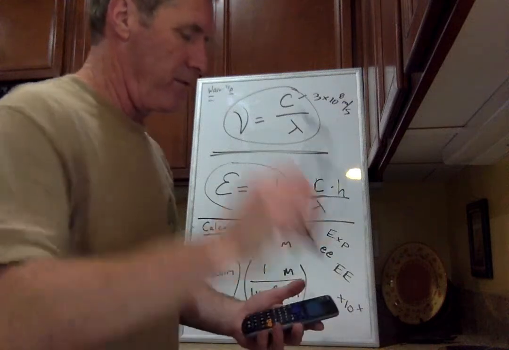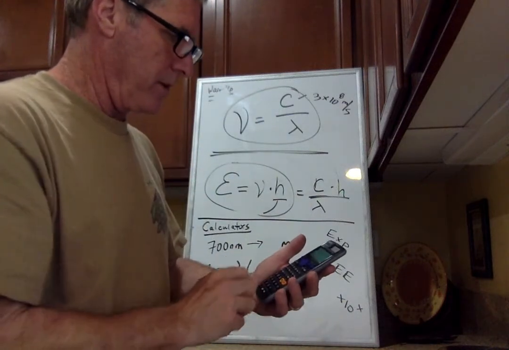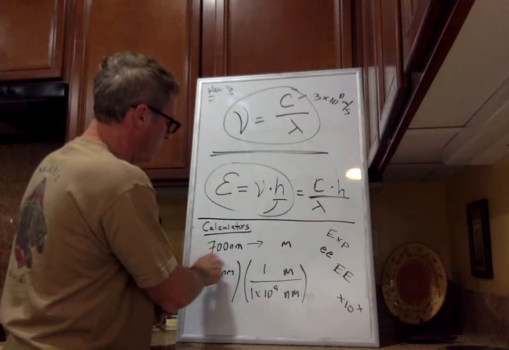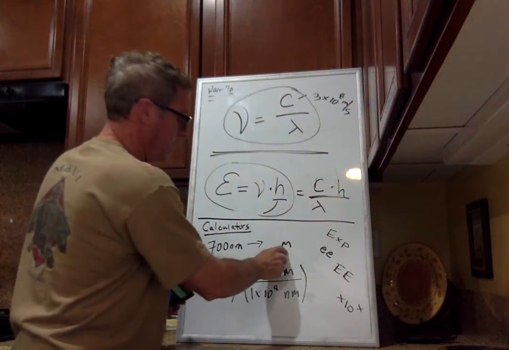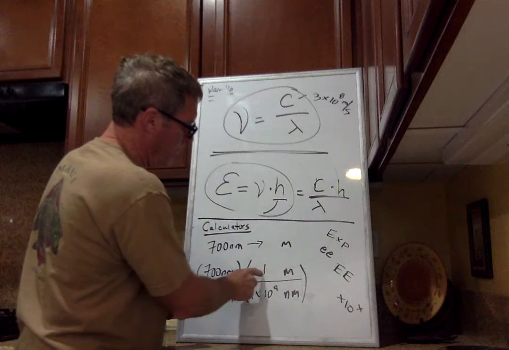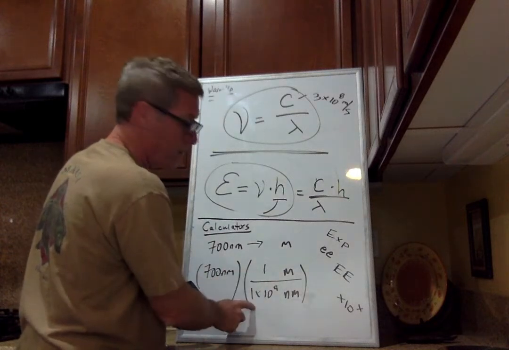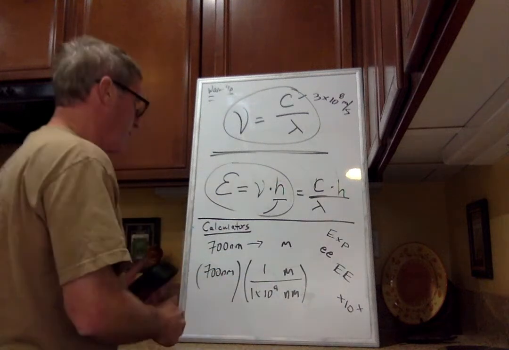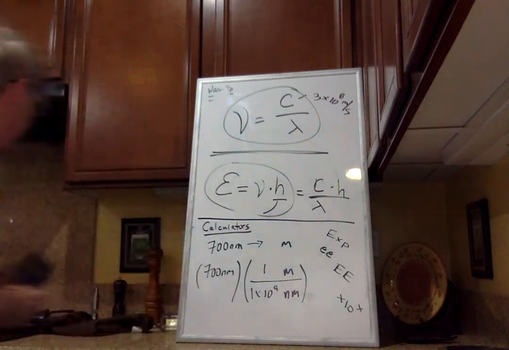Now, once we have that figured out, I'm turning my calculator on, and I'm now going to figure out how do I change 700 nanometers into meters. And I will tell you the conversion factor is that 1 meter is 1 times 10 to the 9th nanometers, and I will give you this conversion factor on the test.